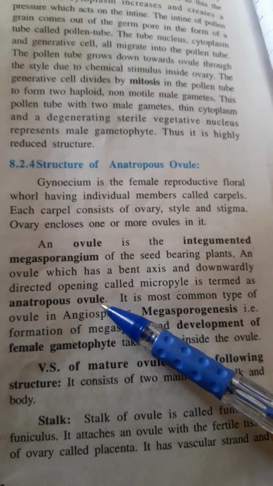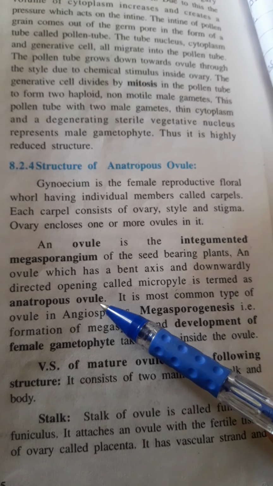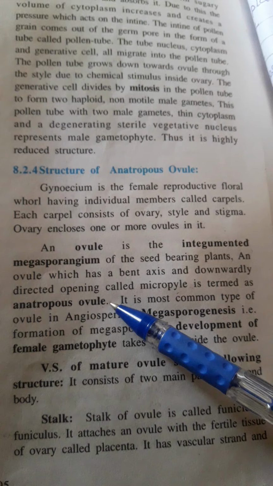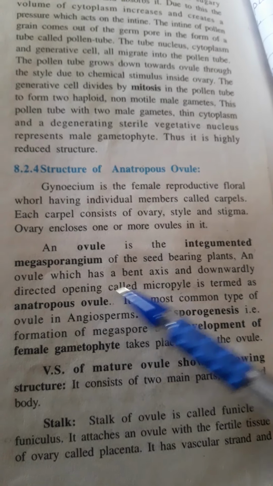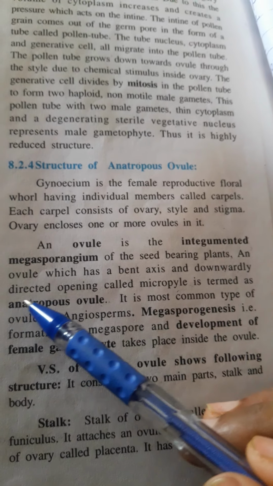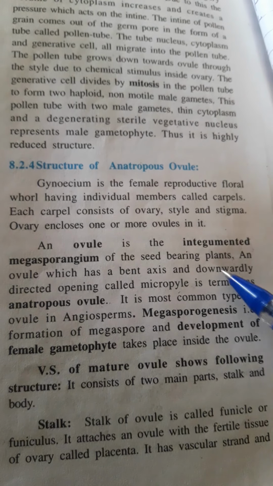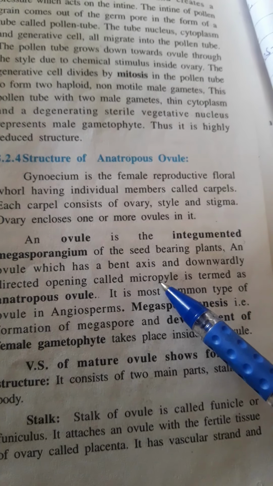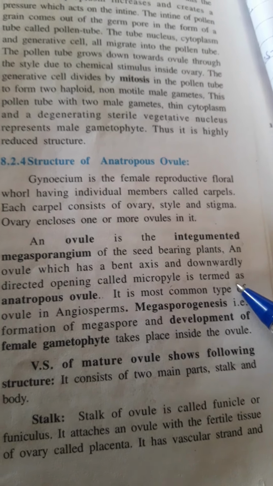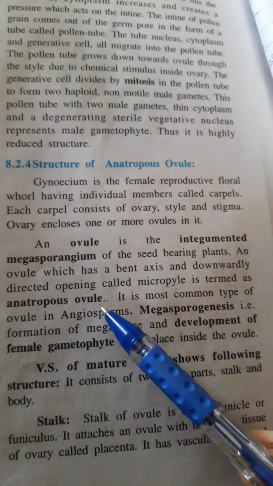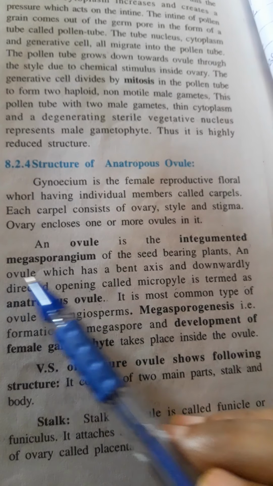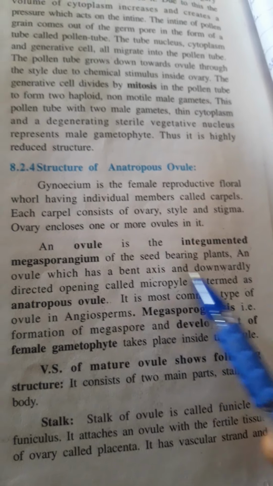In part 1, we have seen what is Anatropous ovule. So, what is Anatropous ovule? Downwardly directed opening of micropyle is termed as Anatropous ovule. Ovule has a bent axis.